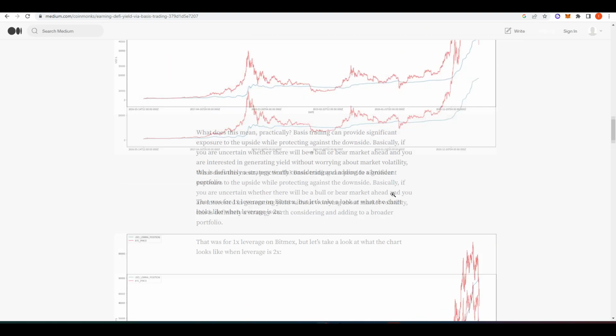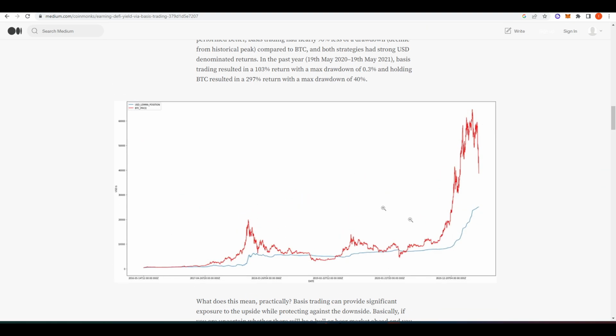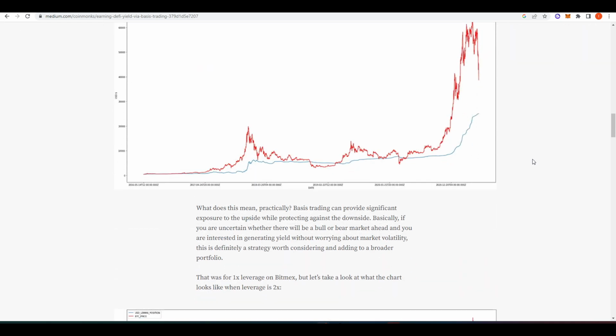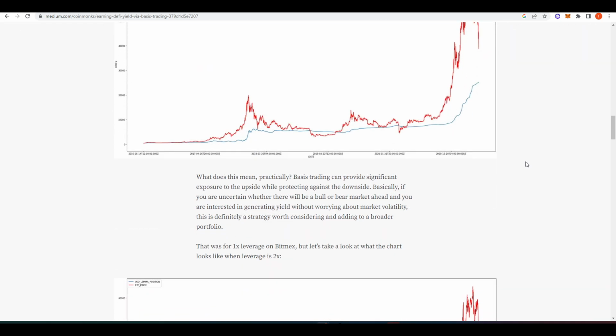Pretty much you can execute the 1x leverage basis trading strategy anywhere. So, like Binance, Kraken, Coinbase, pretty much any perpetual futures DEX out there. But there's only going to be a few places where you'll be able to execute the 2x leverage basis trading strategy. So again, a lot of these centralized exchanges will probably let you do it.